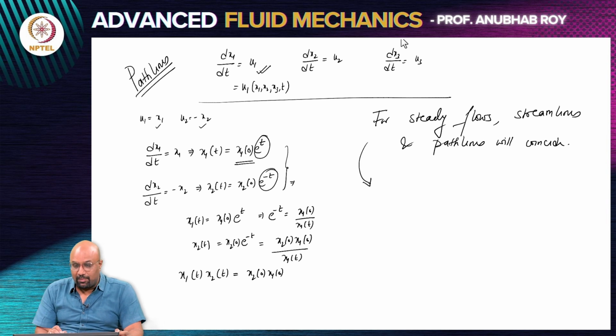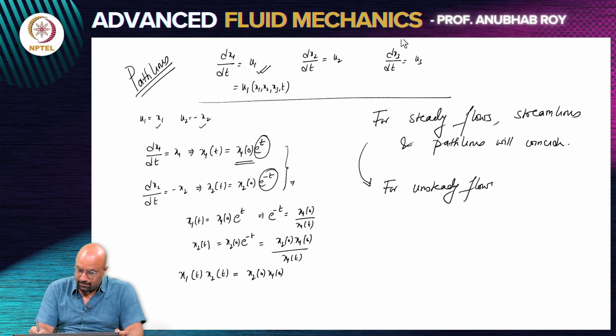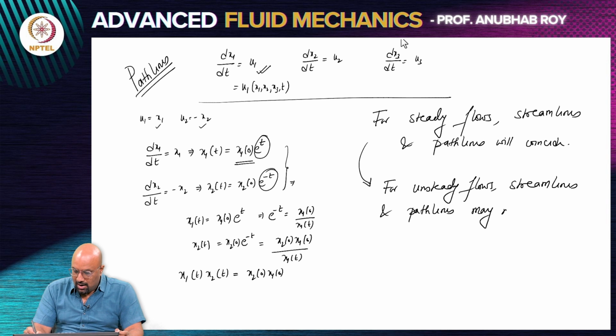The converse statement: for unsteady flows, streamlines and path lines may not coincide. Why did I say may not? Actually, a stronger version would be saying they will rarely coincide.